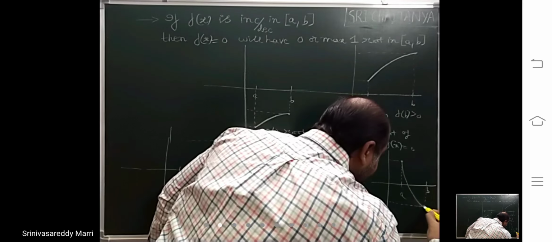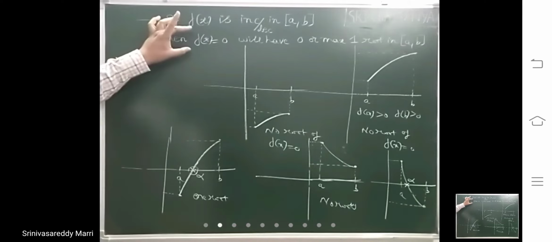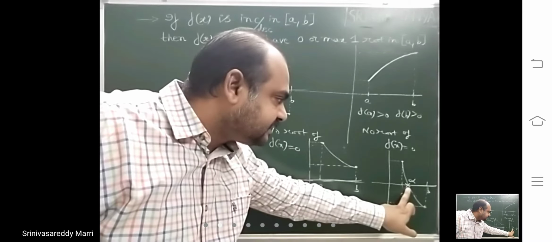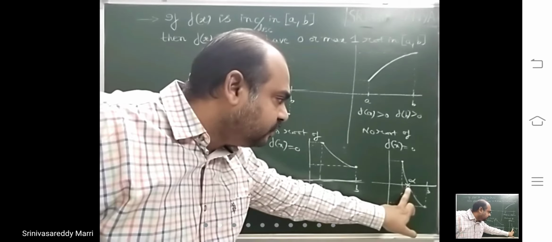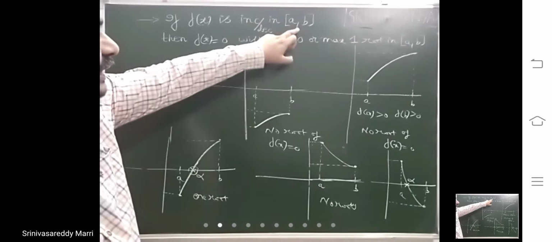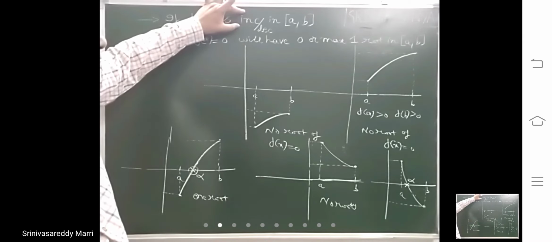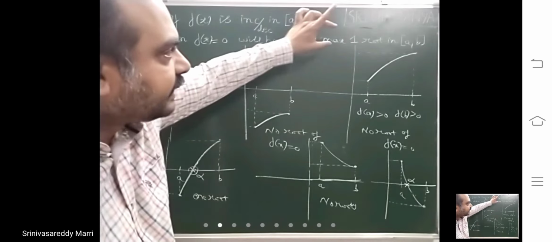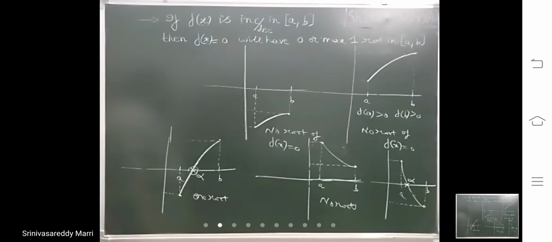At this point, f of x will be 0. The point where the graph cuts x-axis, that is called root of that f of x equals 0. Like that, whenever in an interval, if f of x is completely increasing or completely decreasing, then f of x equals 0 will have either 0 roots or maximum one root.